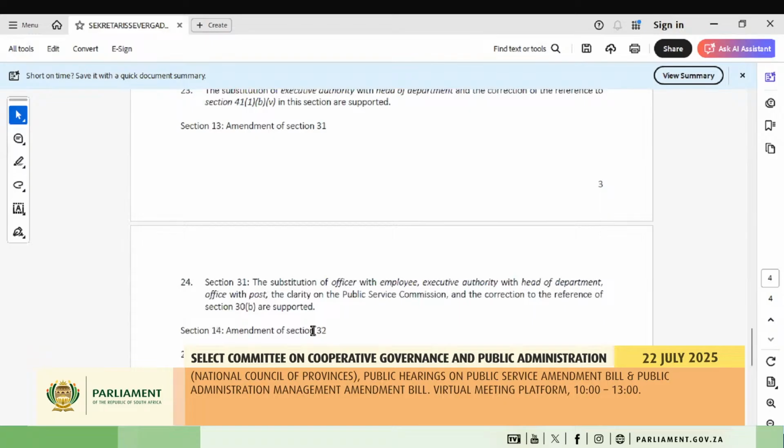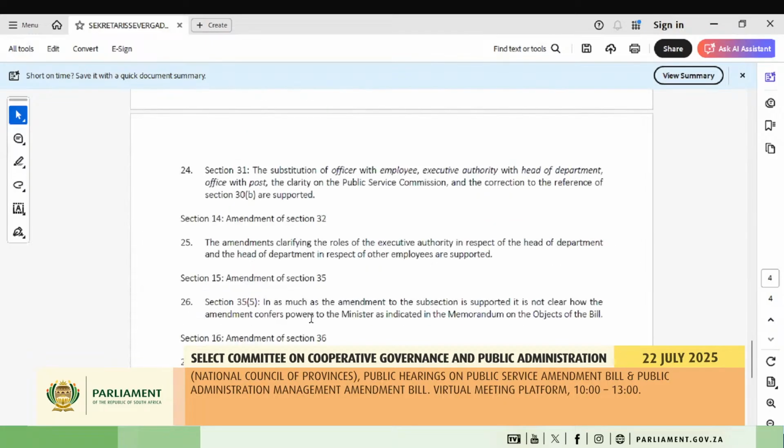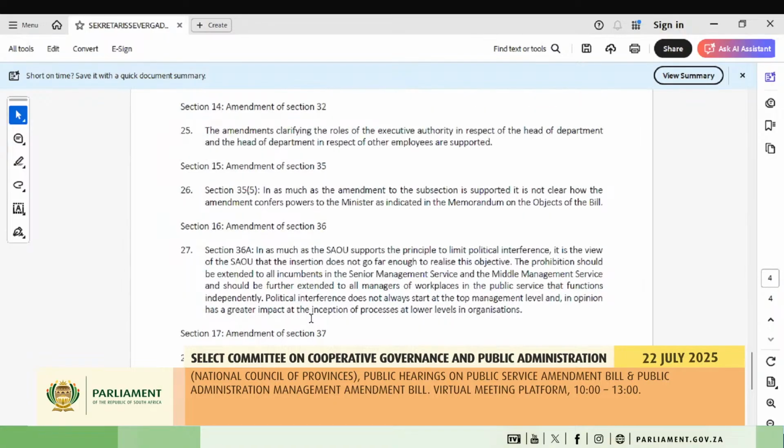And then finally, I want to refer you to Section 16. Section 16 deals with the political offices of the HODs, etc. A lot has been said regarding this so far. We agree that this is a necessary amendment.